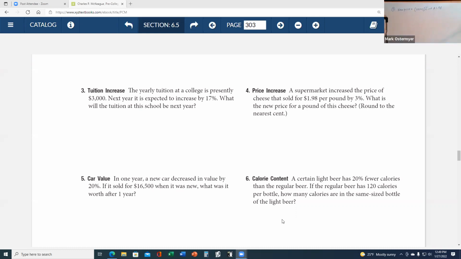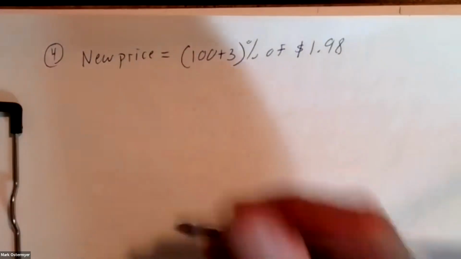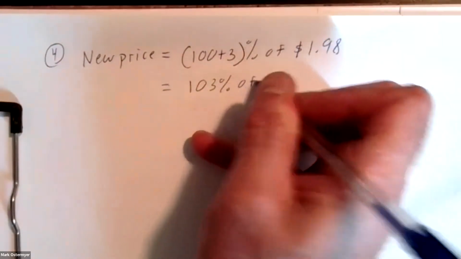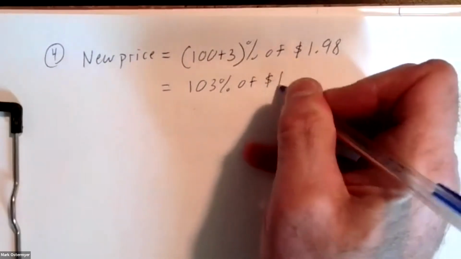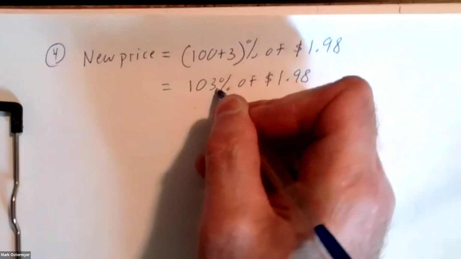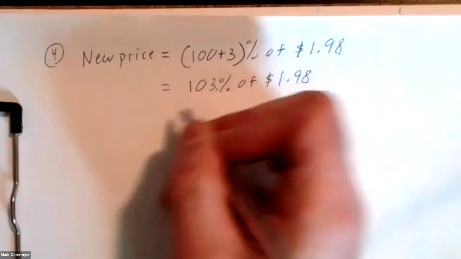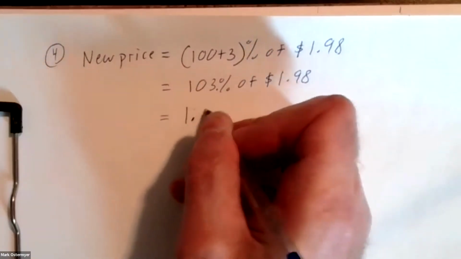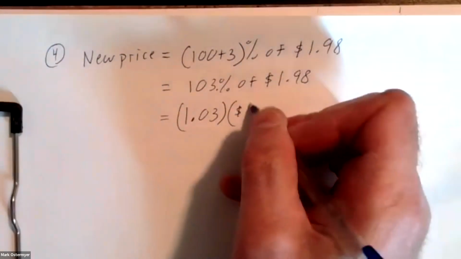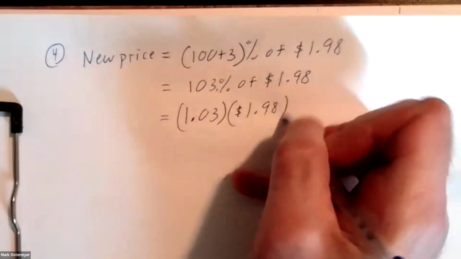And so that's how we're going to compute the new price, ladies and gentlemen. We're going to take 103% of the initial amount of that cheese, which is $1.98 per pound. Change the percent to a decimal by shifting the decimal point 2 places to the left. That means we're going to take 1.03 and multiply it by $1.98. And what do we get for the new price per pound?